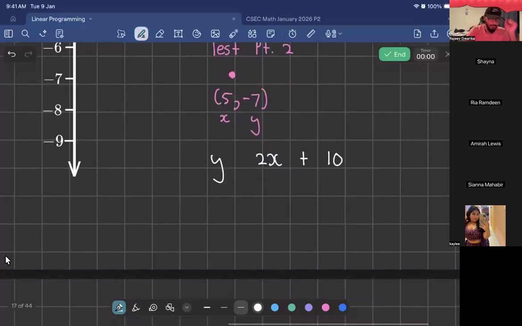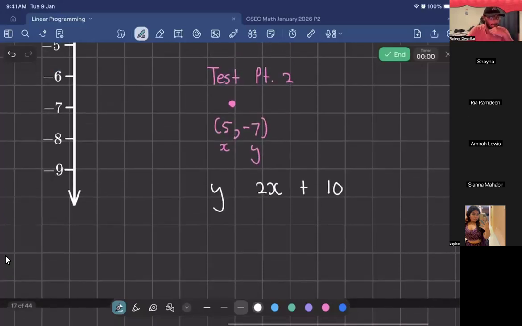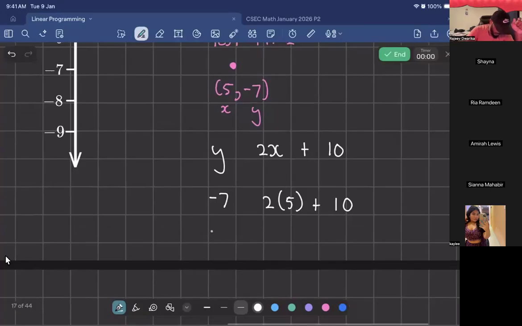So what is y? If I pick that test point, what is y? Y is negative 7. Right? What is x? Well, positive 5. Plus 10, right?